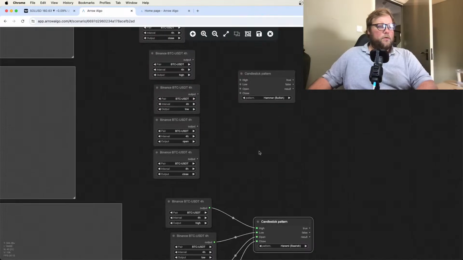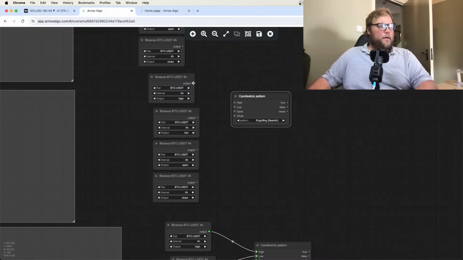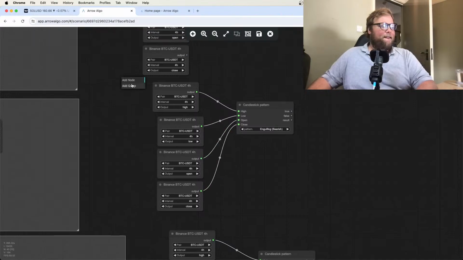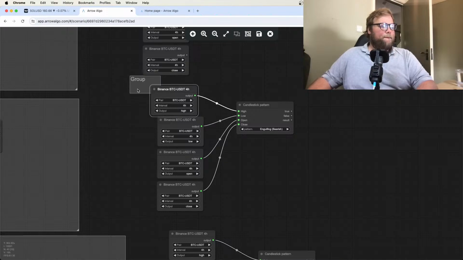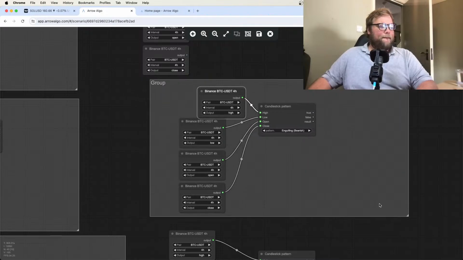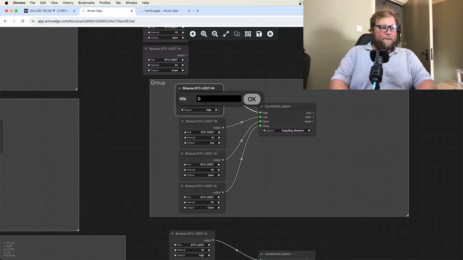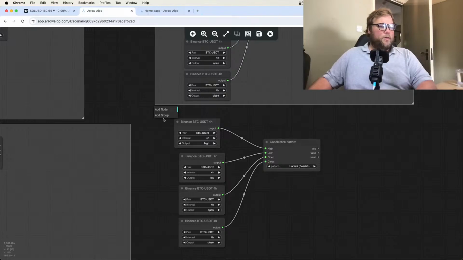Open, close. And engulfing bear there. And again, putting groups on these.